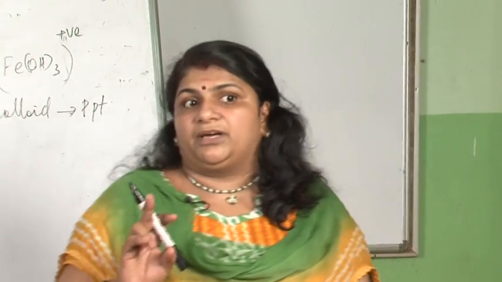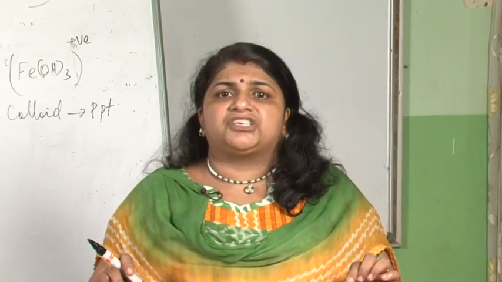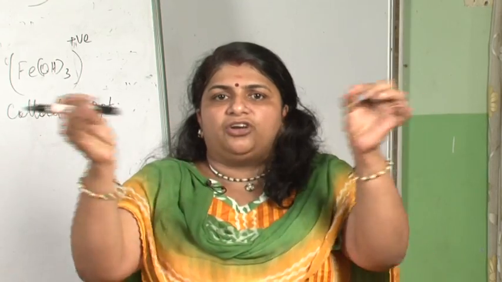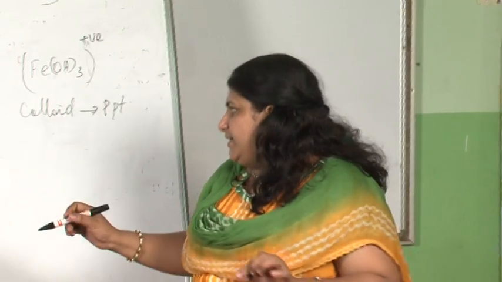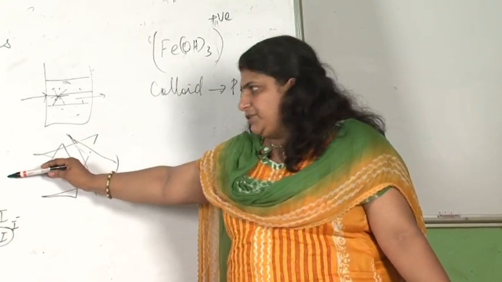How? This is also a 1 mark question, because when there is a continuous interaction between the dispersion medium and the dispersed phase, they are always colliding with each other, so that it is moving in a zigzag fashion. That zigzag motion of the colloid is called Brownian movement.